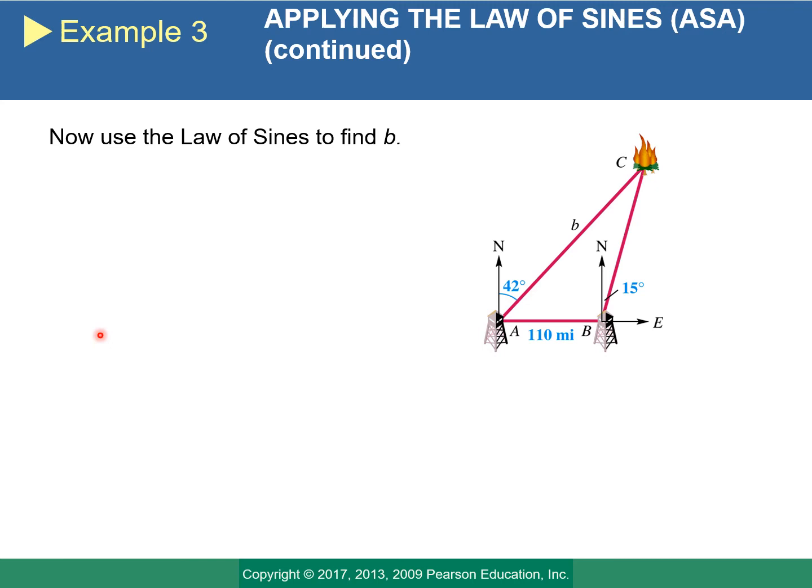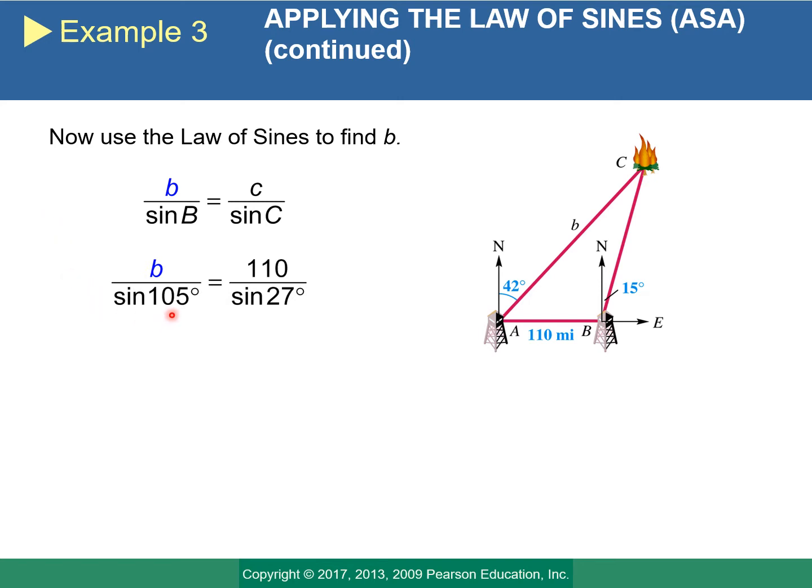Now what we're looking for is side length little b, because the question says how far is the fire from the western station, the station further west, which is station A. So we're going to use our law of sines for this, and we know angle B, we know angle C, and we know little c. Little c is this length 110, which is across from angle C. We plug in our given values and solve for what we want.